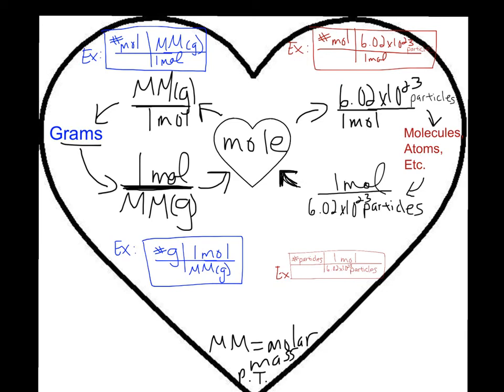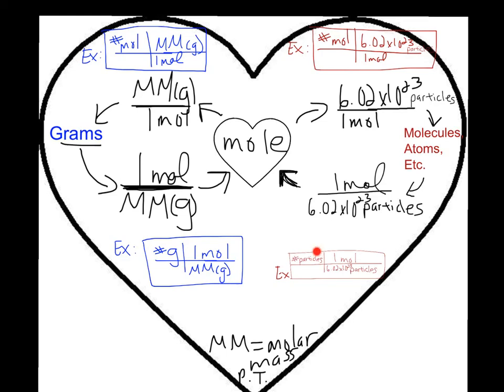It's what they give you. 1 mole will go on the bottom. So in this instance, you're going to be multiplying whatever they give you in the number of moles by Avogadro's number, and remember that the unit is going to be whatever particle type they gave you. And that's how you're going to use your mole heart.